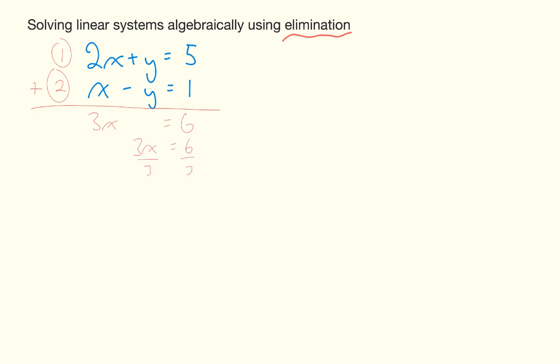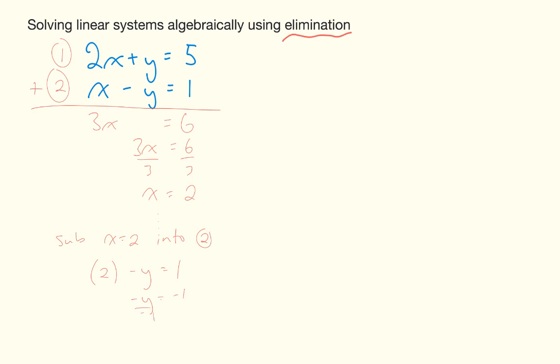Quickly divide both sides by 3, and we get that x equals 2. And then we continue with the rest of the story the same way we would with substitution. We will sub x equals 2 into either 1 or 2, whichever one seems easiest. I think that 2 looks easier, so I will sub in the 2 for x, minus y equals 1, negative y equals 1 minus 2, which is negative 1.